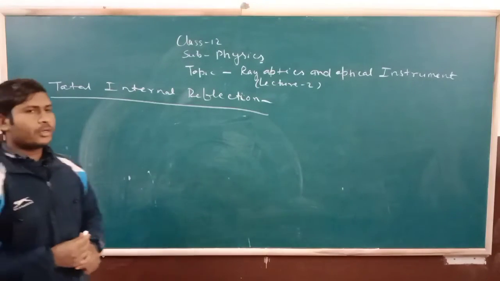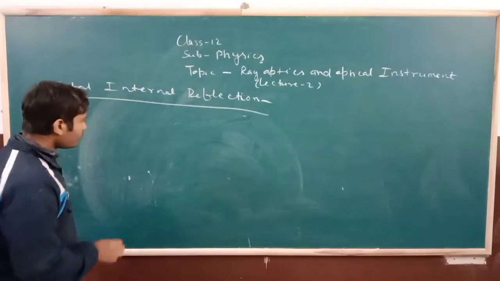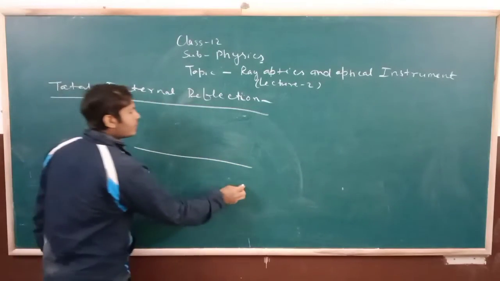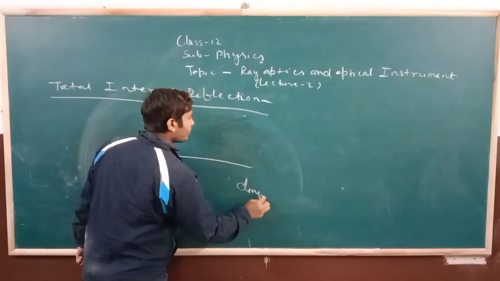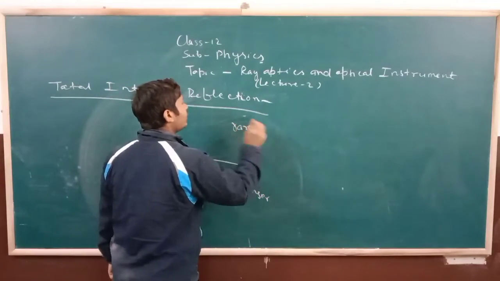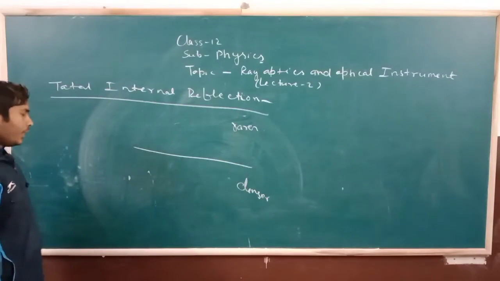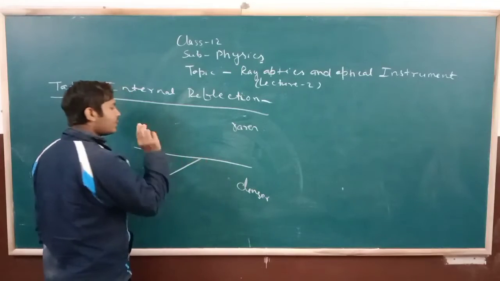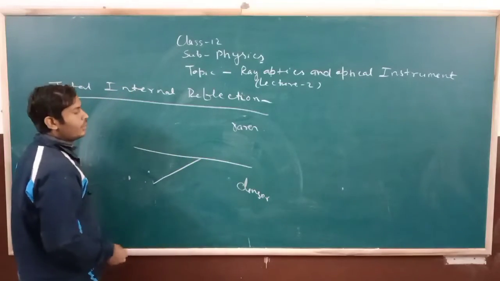What is total internal reflection? Look. Let us suppose it is the denser medium and it is the rarer medium. A ray of light is moving from denser medium to rarer medium.